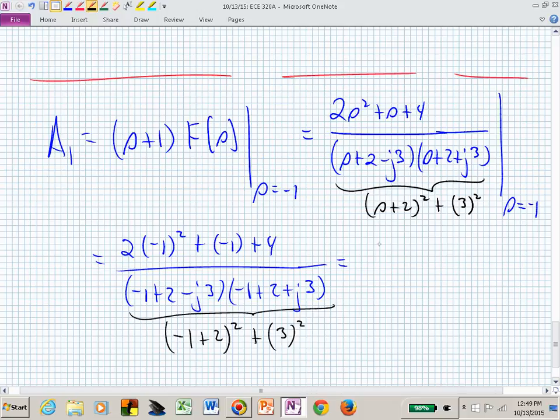So now I have 2 minus 1 plus 4 over 1 squared plus 3 squared. Or I now have 5 over 10, so A sub 1 is now 1/2.